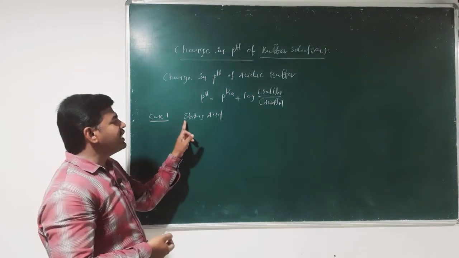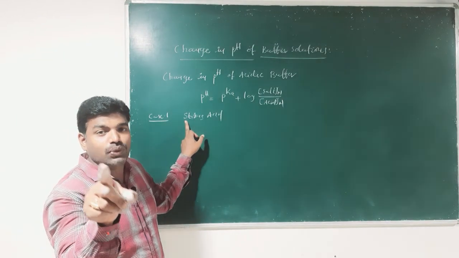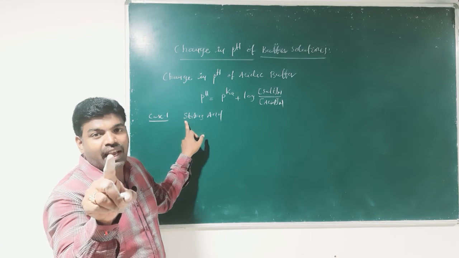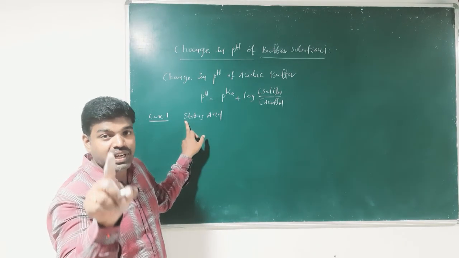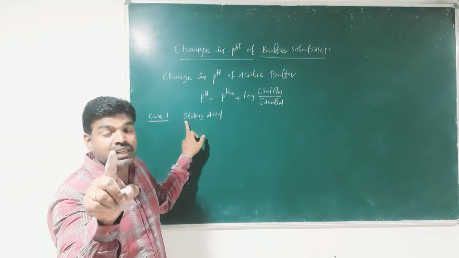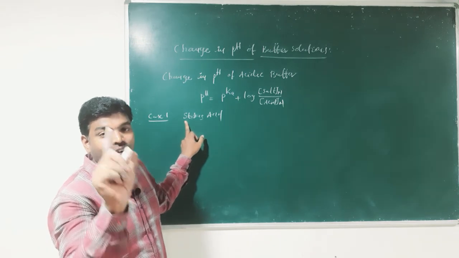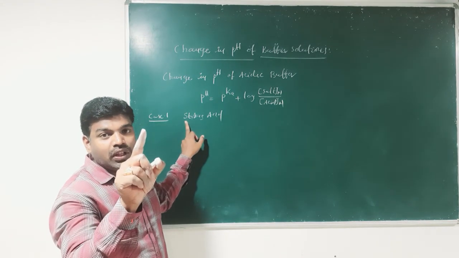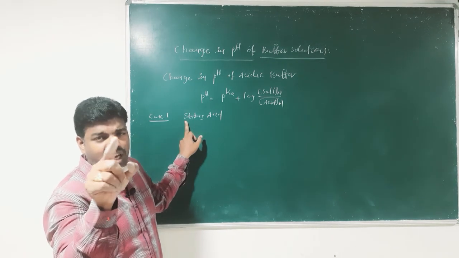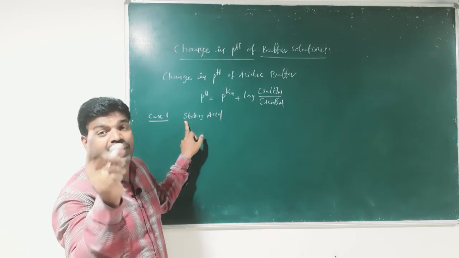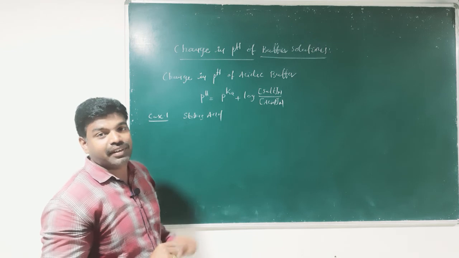Okay, so what happens when we add strong acid to acidic buffer? Already I had given the explanation for this in lecture 17. You please follow lecture 17 where I explained all the phenomena that take place when we add strong acid to the acidic buffer.